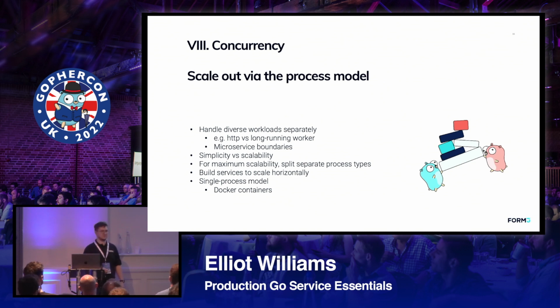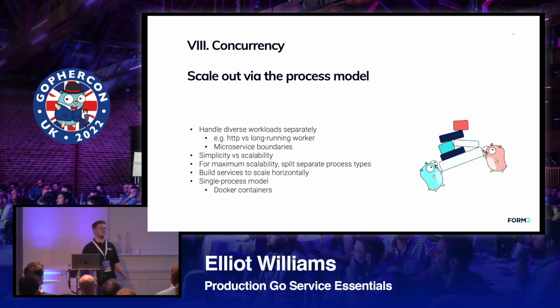That depends entirely on your domain, but that's a pretty obvious use case for microservice boundaries. That being said, we can talk about the trade-off of simplicity versus scalability. The more scalable you make something, inevitably the more complex you make it as well. So that's a decision for you, it depends how much you need your application to scale.